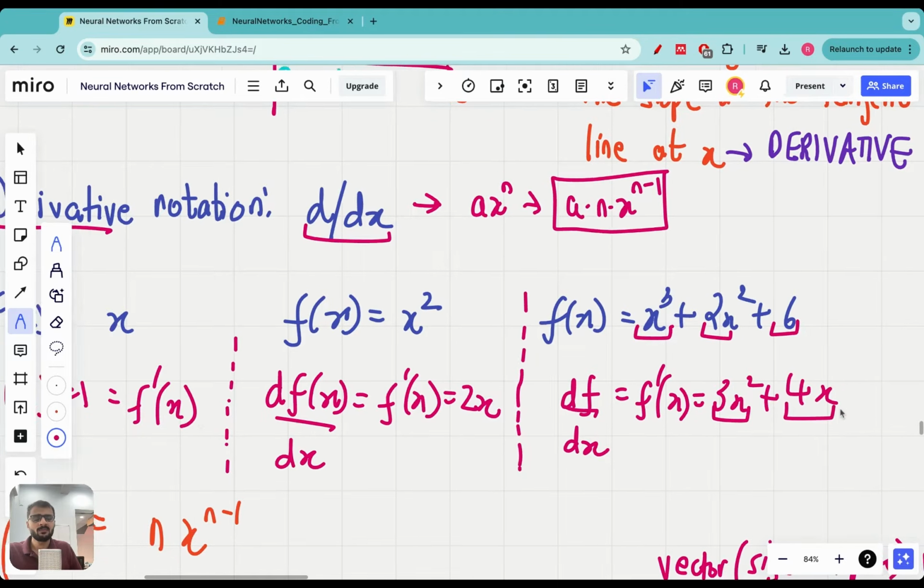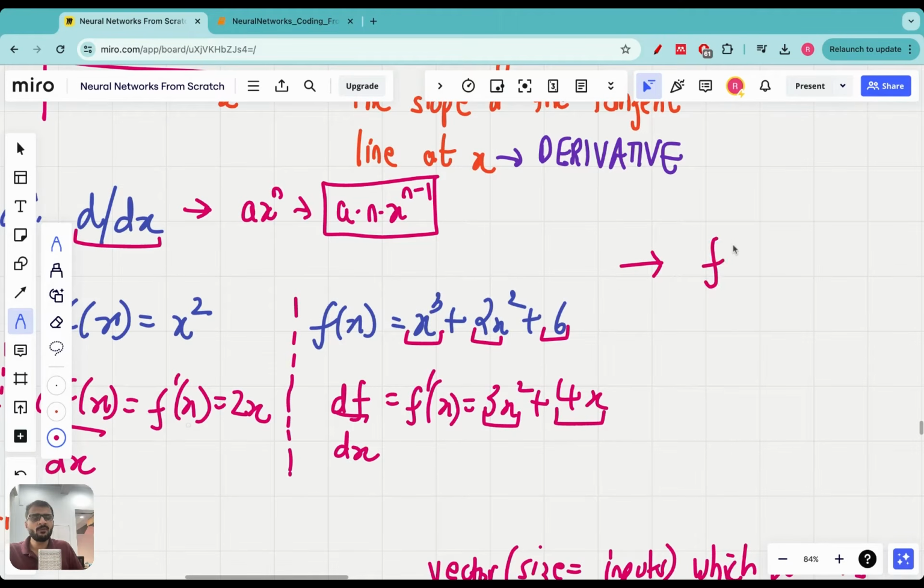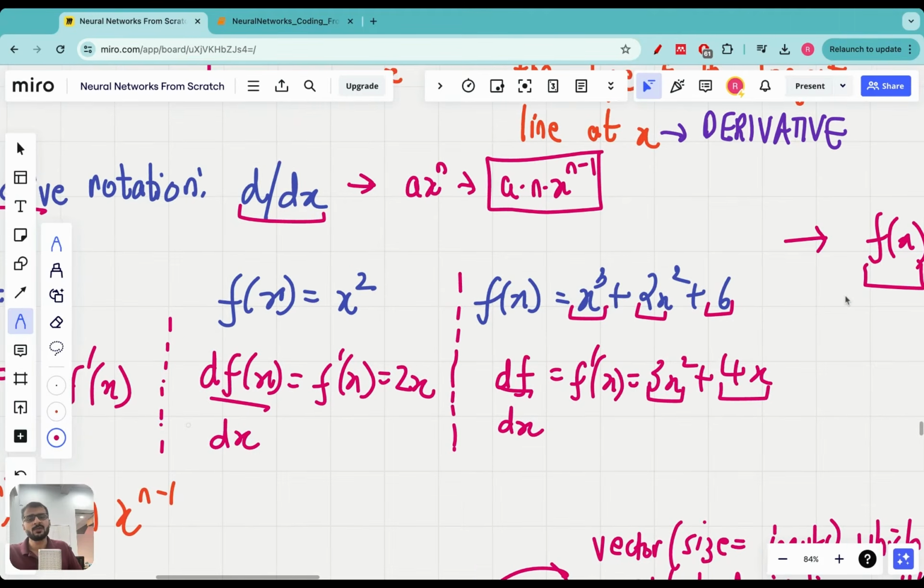plus 4x. Another rule which a derivative follows is that if there are two functions f of x plus g of x, the derivative of the combined function is the derivative of the first function plus the derivative of the second function.